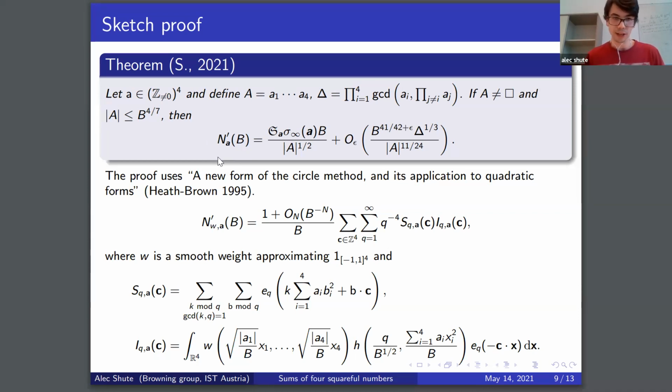And then there's one more stage, which is a coprimality condition, which I dropped in N'(A,B). So that has to be reinserted, which is a bit of a pain, but I'll spare you the details of that. Okay.